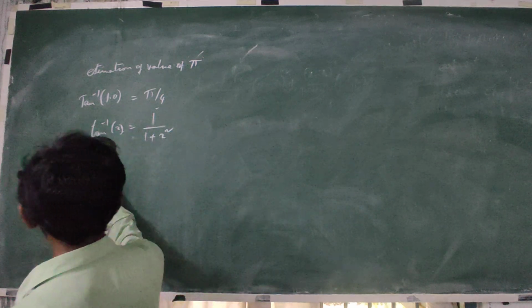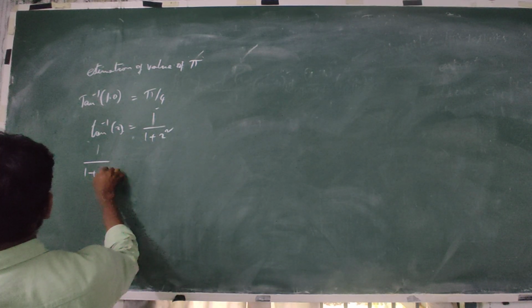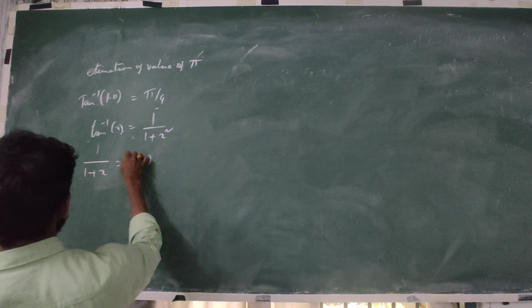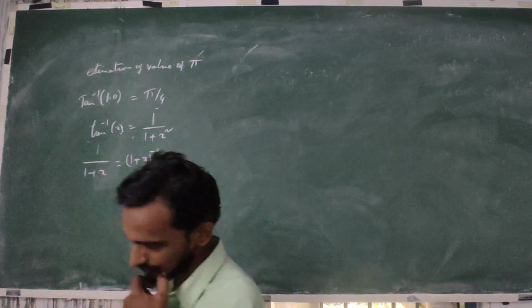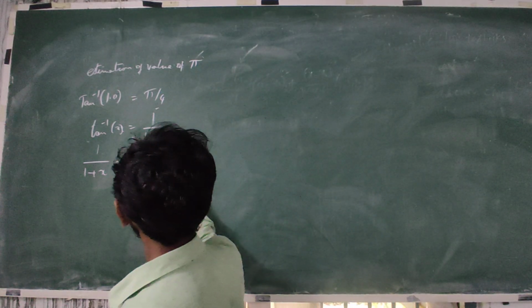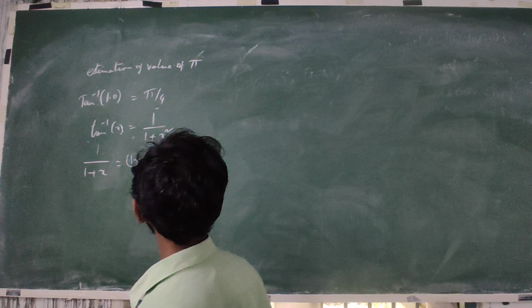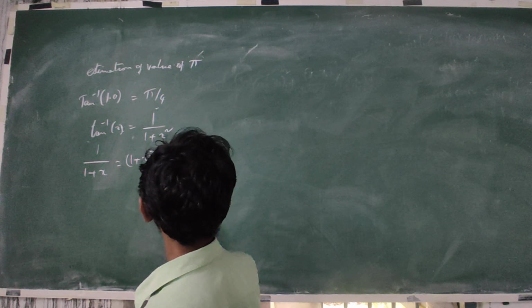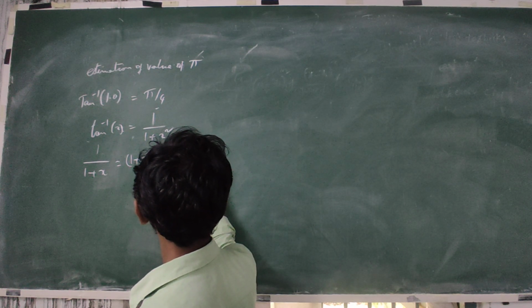And the basic function that we know is 1 by 1 plus x expansion, which is 1 plus x power minus 1. If you take this binomial expansion for that, it is 1 minus x plus x square minus x cube.